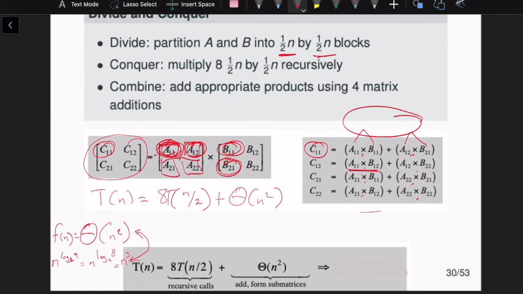We're going to see that f of n is upper bounded by n to the log base 2 of 8 minus some epsilon. If it's bounded by 3, it's also bounded by something a little bit less than 3. Which means that we're in our first case, and when we're in our first case, we realize that we're just back to being bounded by n cubed.